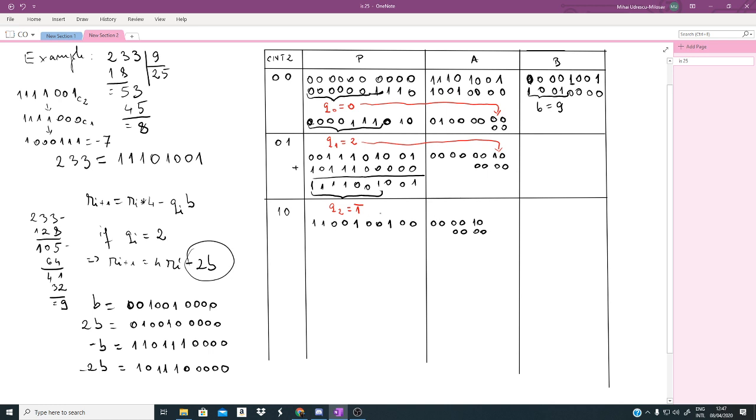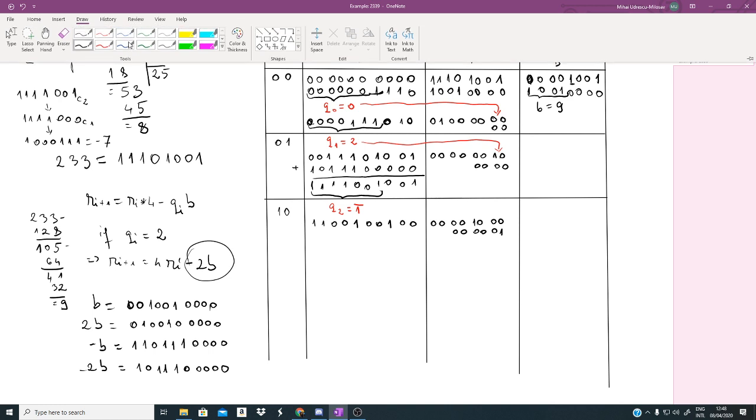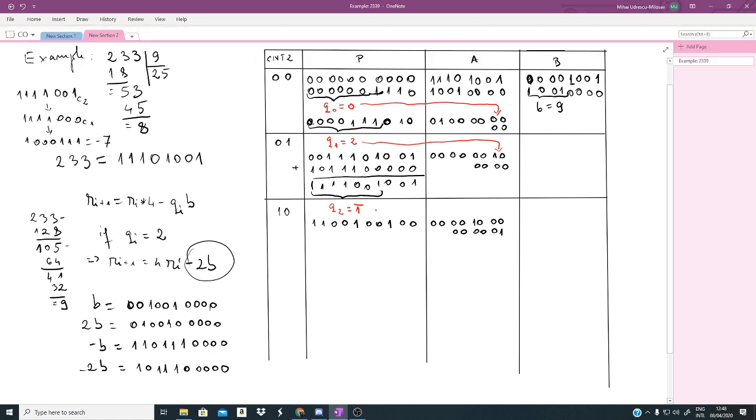And because I have a minus 1, the code is 0, 0 upstairs, 0, 1 downstairs. Okay, so I have this over here. Right?